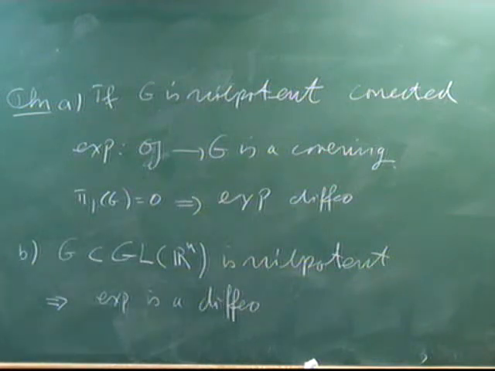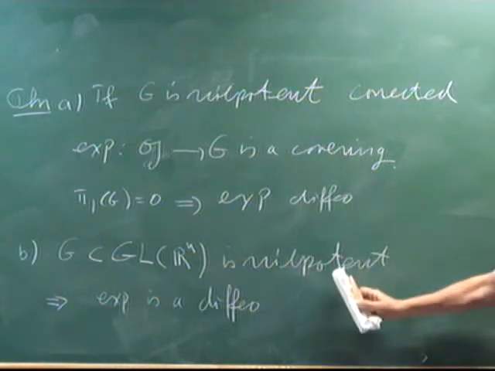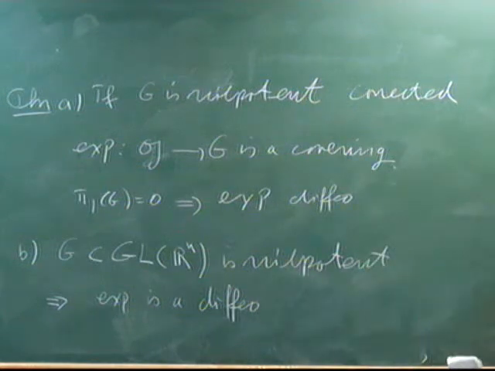So for matrix Lie groups which are nilpotent, it's always a diffeomorphism. For general Lie groups, it's at least a covering. And in order to prove this, one proves this first here. This is not so hard. One uses that to prove this.